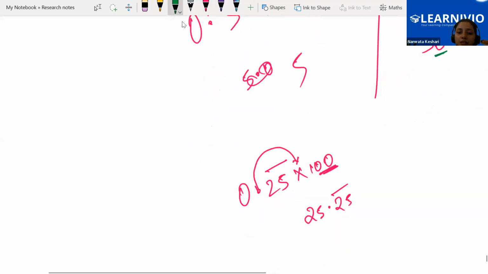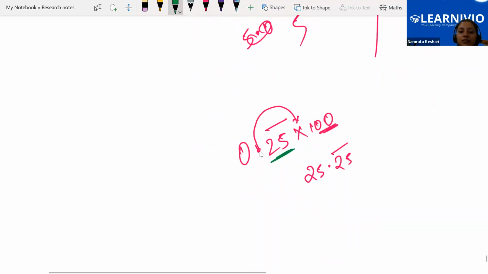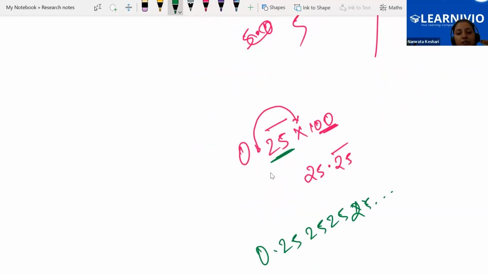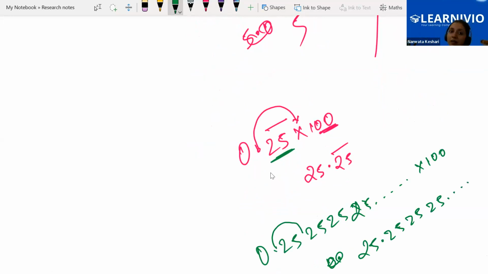But when the pattern 2525252525 continues to infinity, into 100, the decimal will shift two places and it will come here. So it will be 25.25252525. Am I making sense, Ayan?